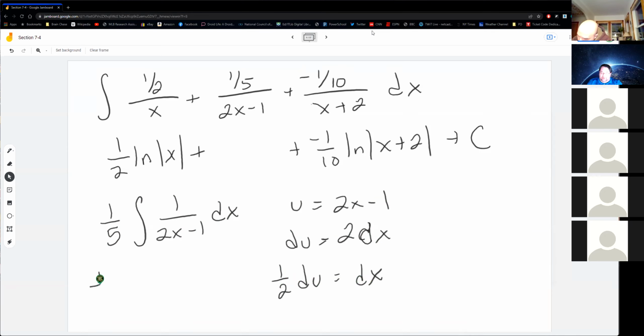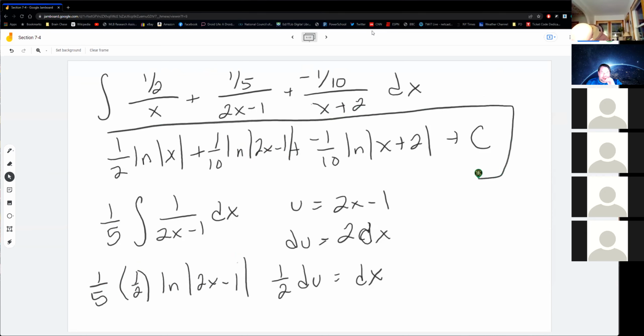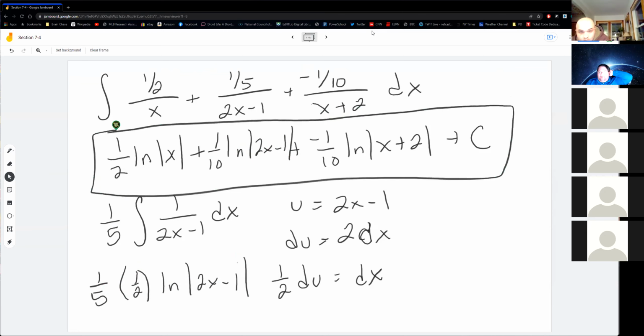So this is 1/5 times 1/2 ln of 2x minus 1. So it's 1/10 ln 2x minus 1. So in essence, whenever there's a number in front of your x, that's going to get pulled out as a fraction.